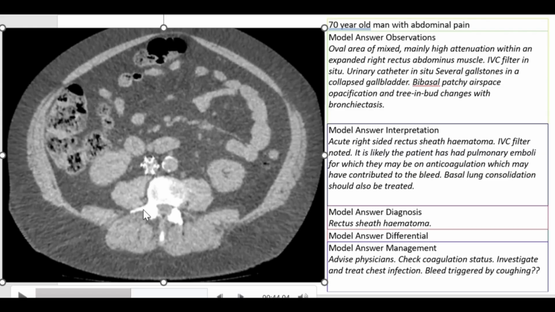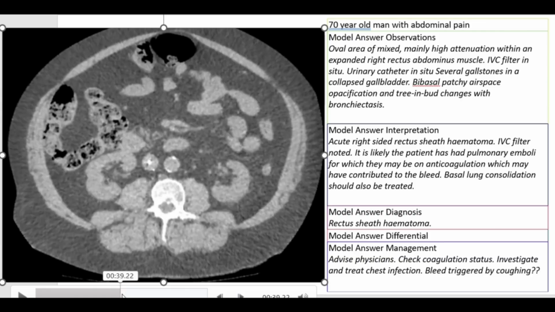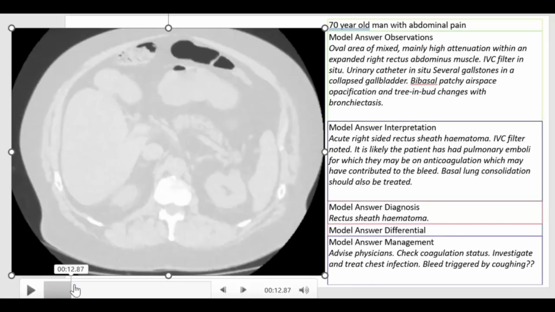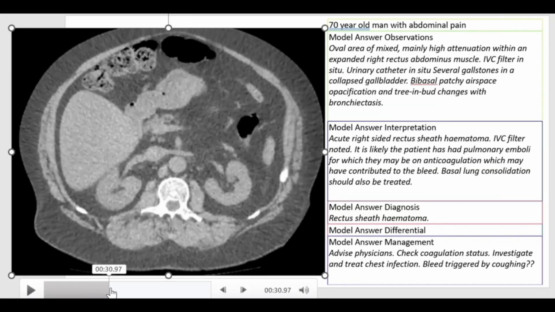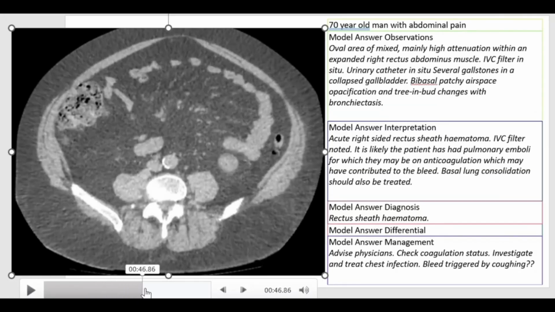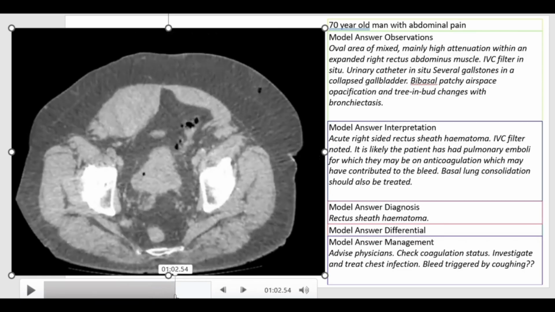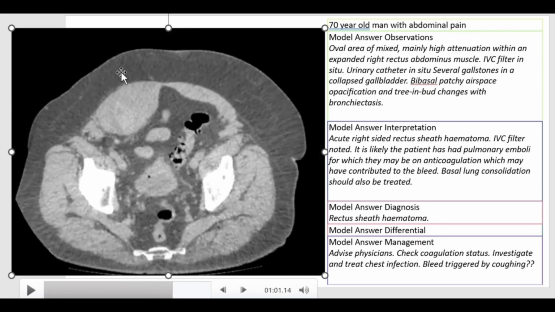So this patient is most likely on anticoagulant therapy, and the anticoagulant therapy he is on has most likely contributed to bleeding within the right rectus sheath.